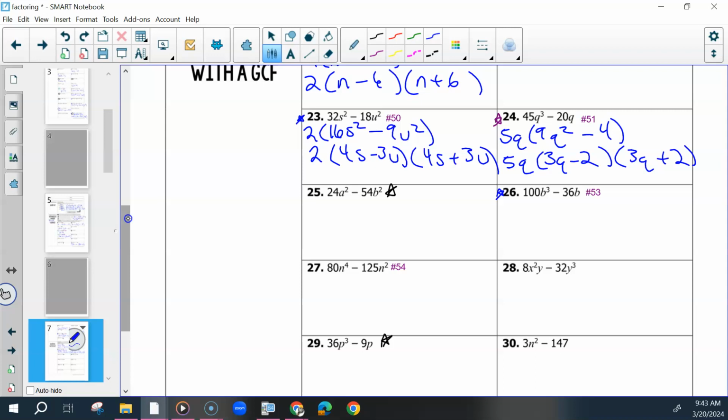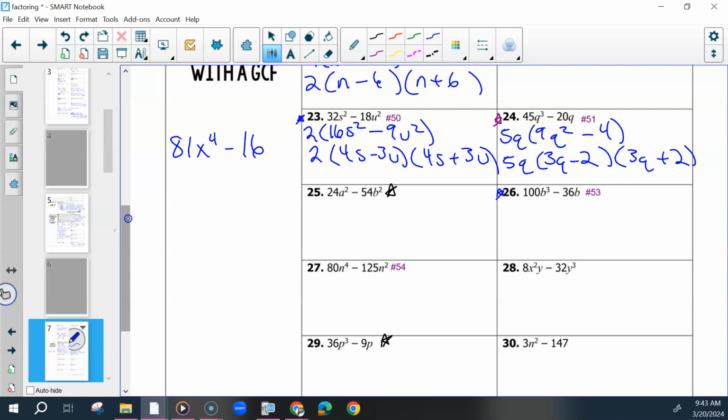Are there any others, 25 through 32, we want to see, go over, or have questions about? I'm going to make up a random example just to show you something that you might see. If you got something like 81x to the 4th minus 16.